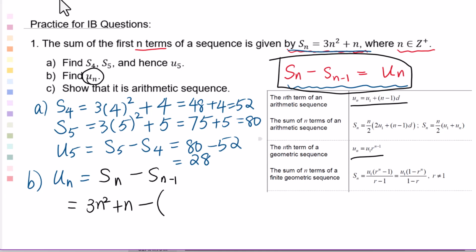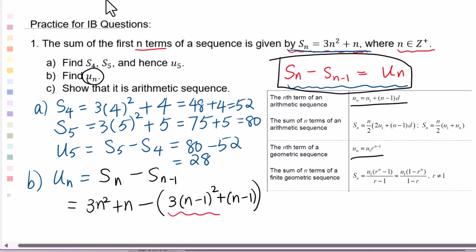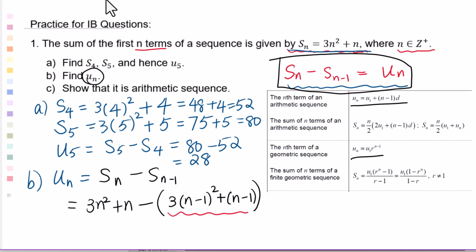every single n will be changed into n minus 1. 3 times n minus 1 squared plus n minus 1. We will work out this separately. 3 times n minus 1 squared plus n minus 1 equals 3 times n squared minus 2n plus 1 plus n minus 1.